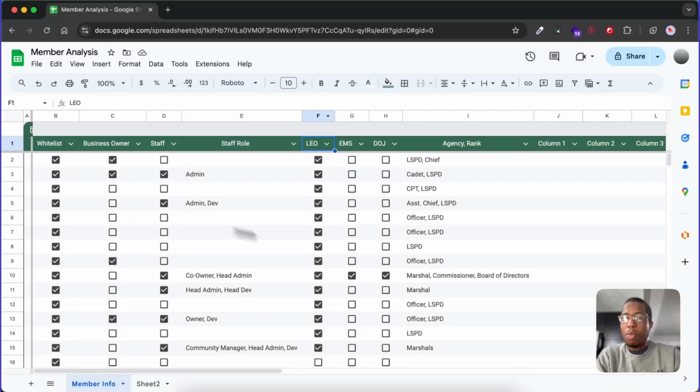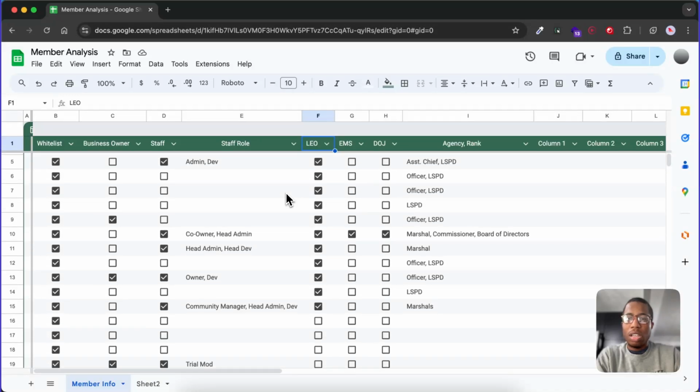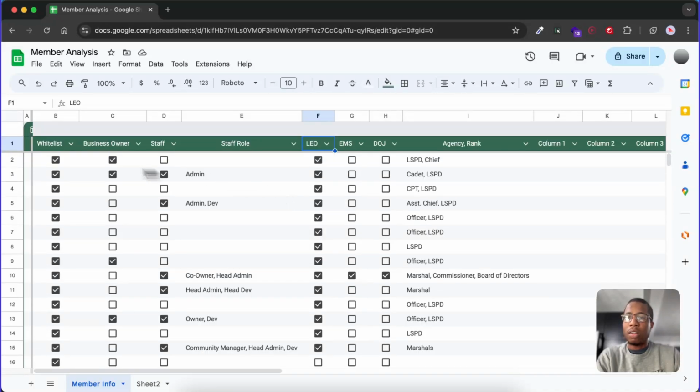If you're a member of this community, you could probably tell what community this is, but nonetheless, this is a sheet which has all the different information, and I tried to figure out which was most pertinent for what I was trying to do, and also what was available as far as the roles that I could see. So I had the usernames, of course, then I had if they were whitelisted, and in this community, everyone is whitelisted at the moment. It's a newer community. I think everyone is just getting whitelisted.